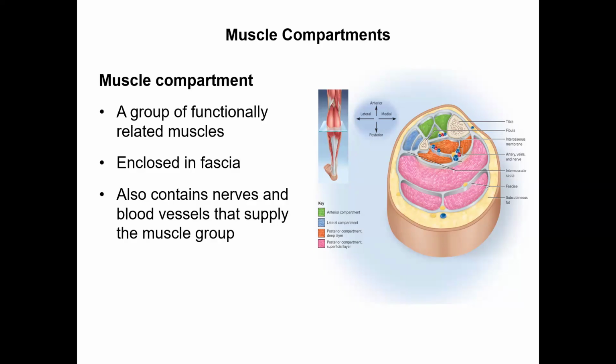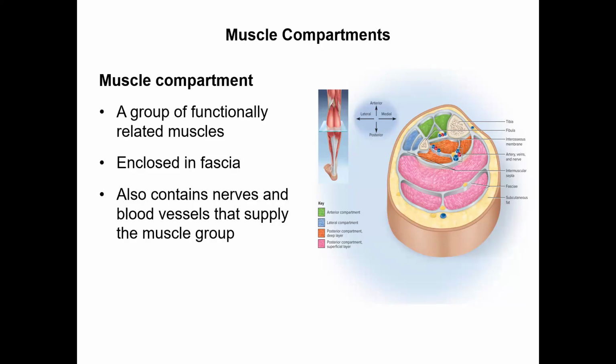So for example, you want to lift something up, which muscle are you going to use? The biceps, okay? If the triceps starts contracting at the same time, it will be opposing it. So that means the nerve which is supplying the flexor should be activated, and the extensor nerve should not be activated at that time.